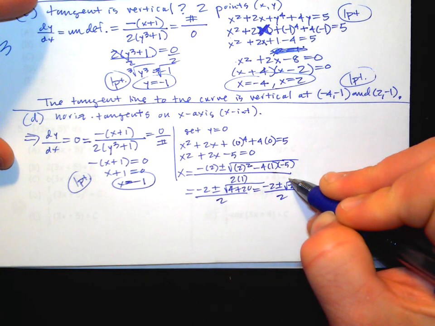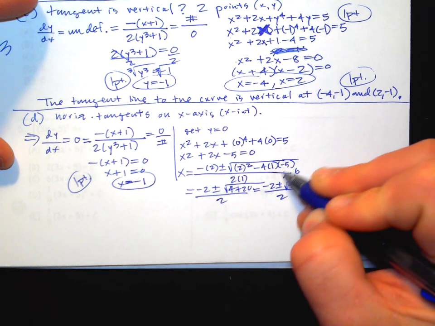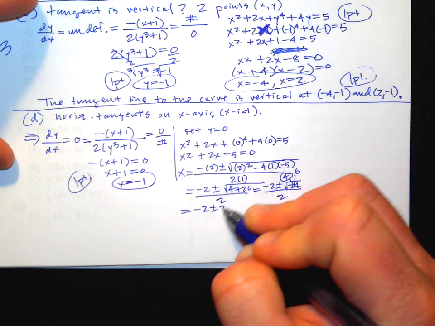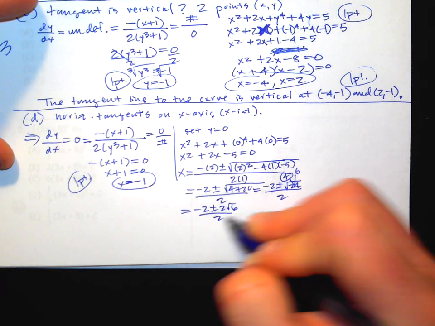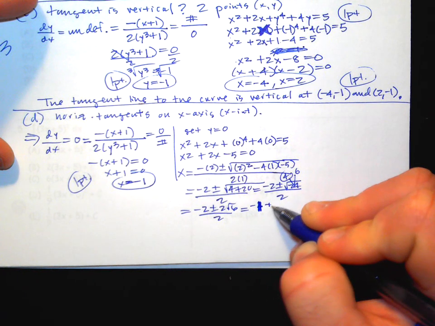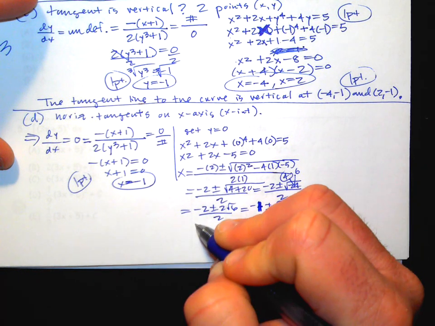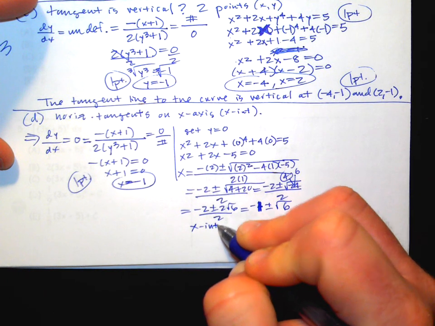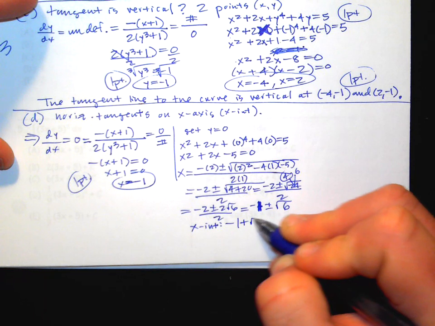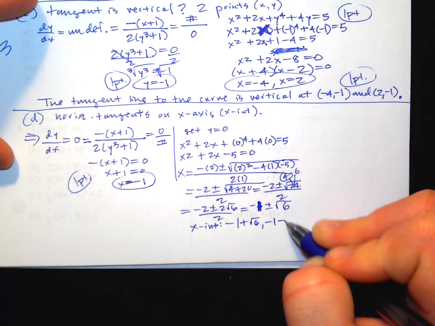Then we could take the square root of 4 out of it just to simplify things. So we get negative 2 plus or minus 2 root 6 over 2, so we get negative 1 plus or minus the square root of 6. So the x-intercepts are at negative 1 plus root 6 and negative 1 minus root 6.